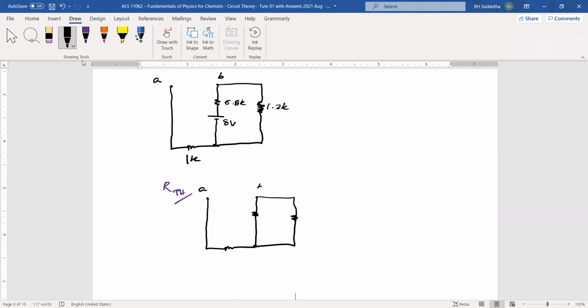This is point A, point B, and this is 6.8K, 1.2K, and this one is 1K. Okay. Then you have to look at it from this side to find RTH.